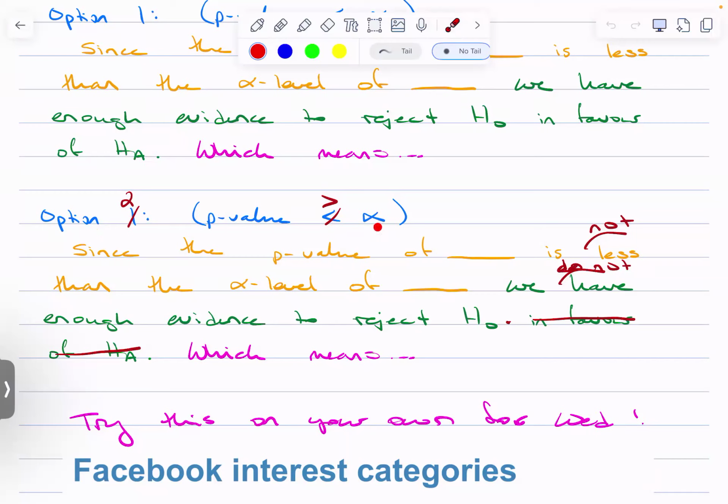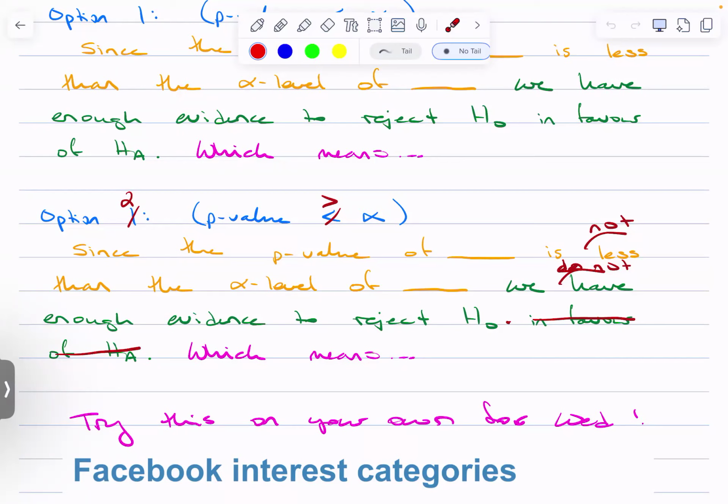The only change is, since the p-value of something is not less than the alpha level of 0.05, let's say, then we do not have enough evidence to reject H naught. If you're not rejecting it, then usually we don't talk about HA at all, right? We don't have enough evidence to reject it, and we just leave it there.